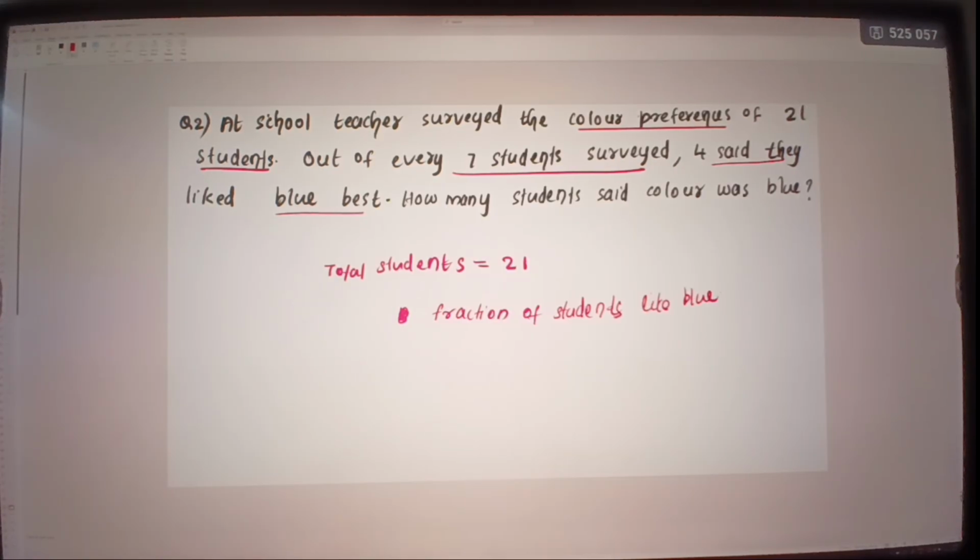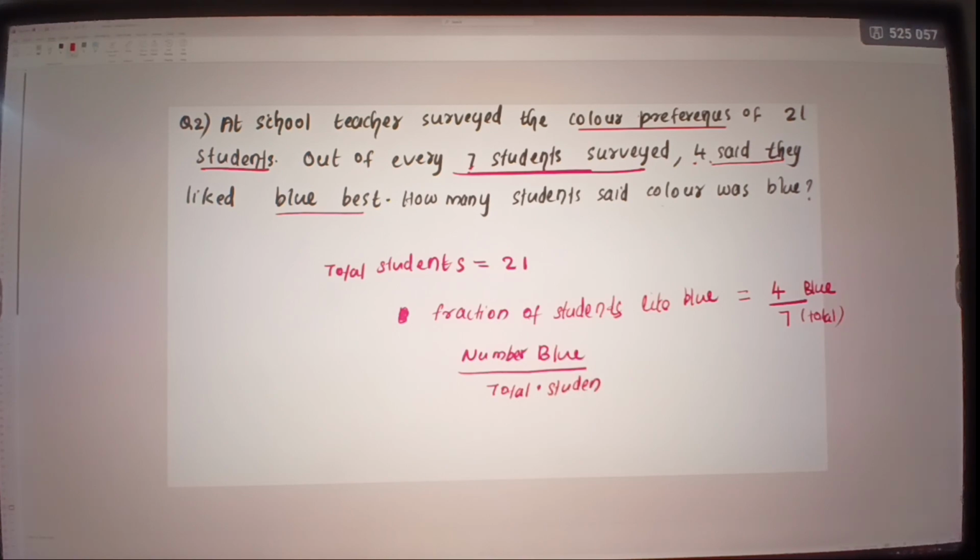What is the fraction? Out of 7 students, 4 said they like blue. That means 4 said blue and 7 is the total number. So the fraction is the number of students who like blue divided by total students.